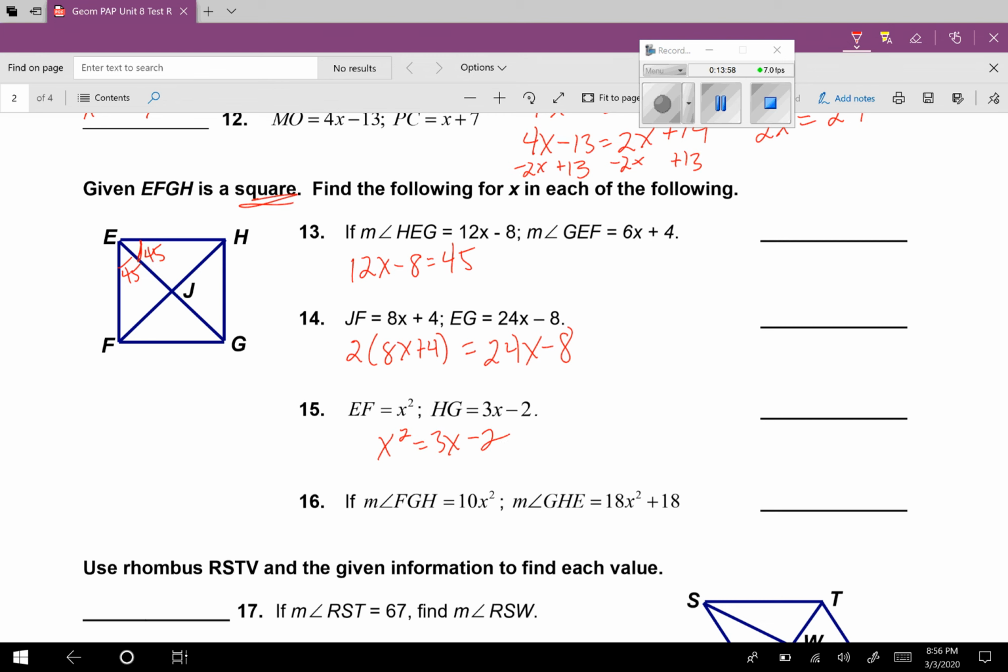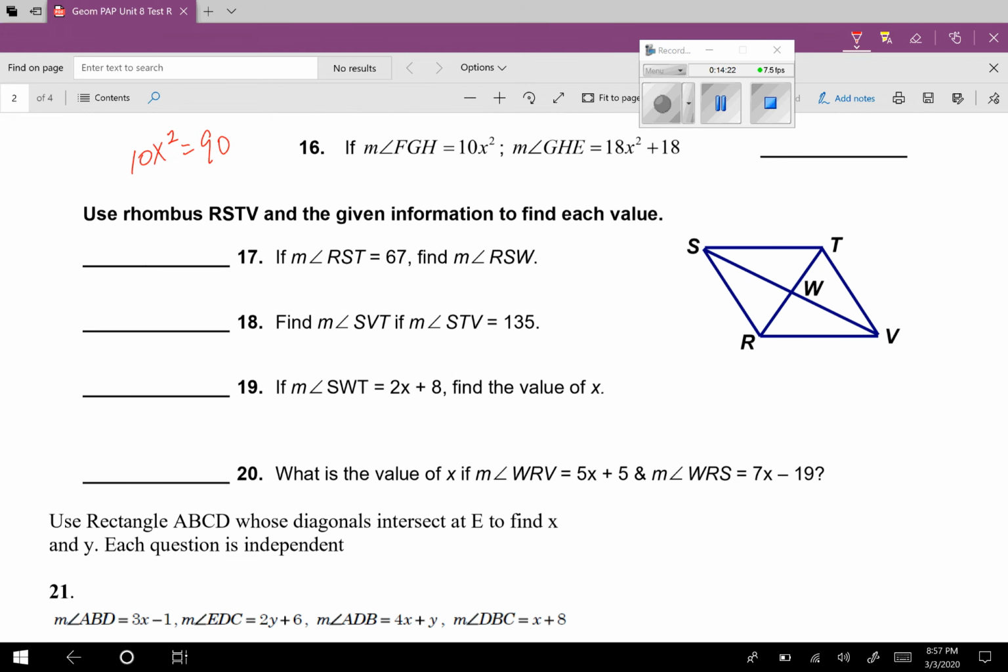Okay, last one here, FGH. That's the whole corner. And then GHE, again, that's a whole corner too. So you could set these equal to each other, or you could just think, okay, it's a square, so what is my corner equal to? 90. So 10x squared is equal to 90, and you just solve for x.